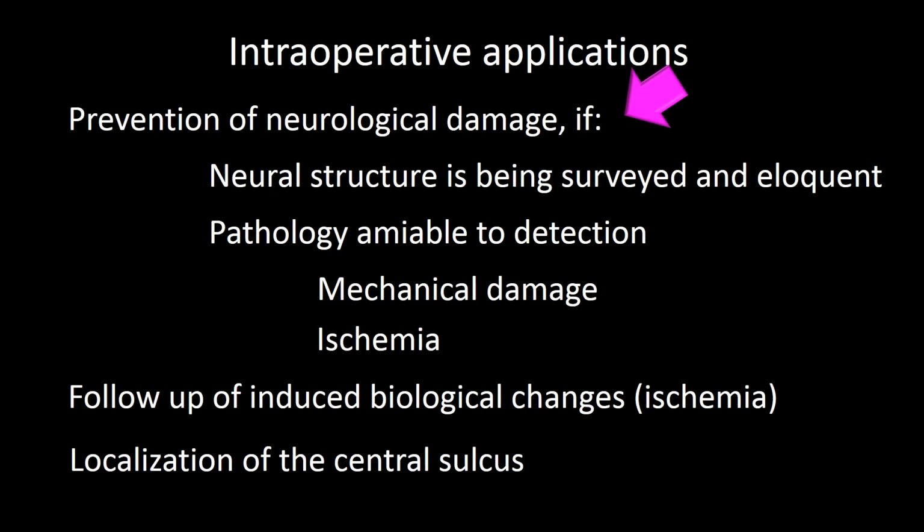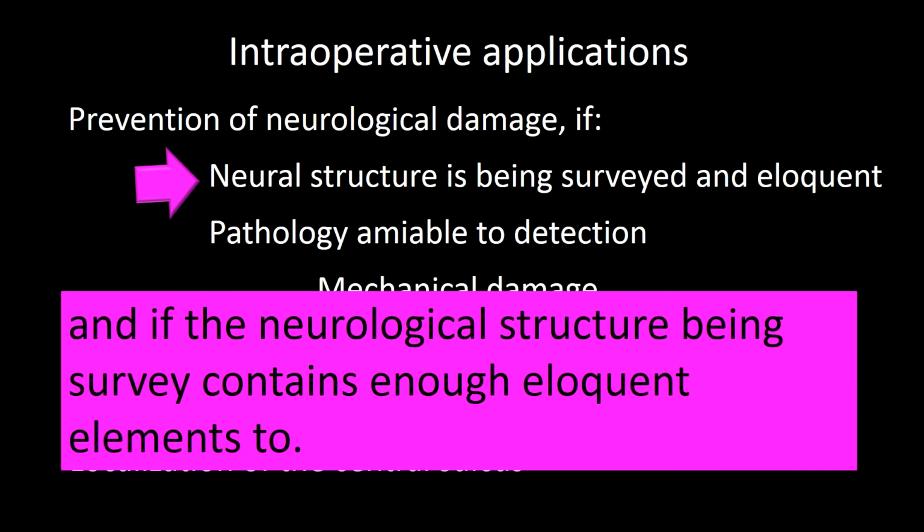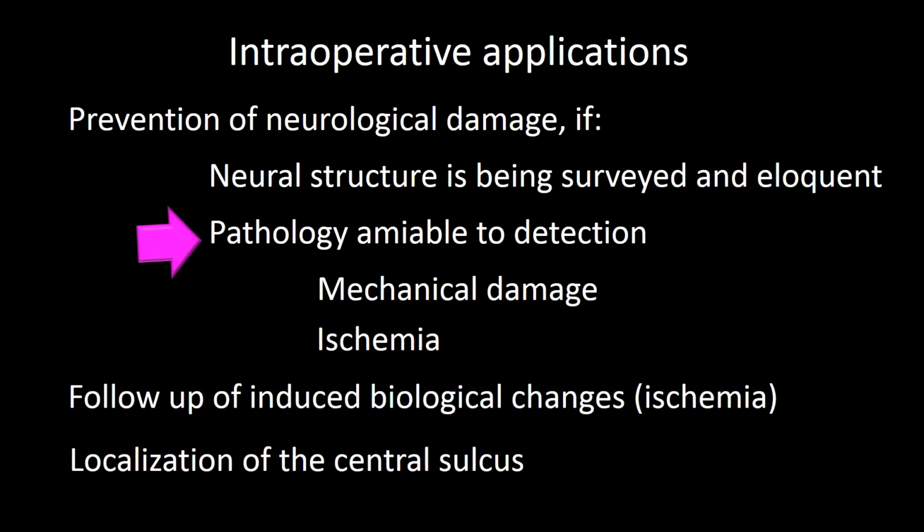This task can only be accomplished if the neurological structure that may be injured during the procedure is being surveyed, and if the neurological structure being surveyed contains enough eloquent elements relevant to the prevailing pathology.